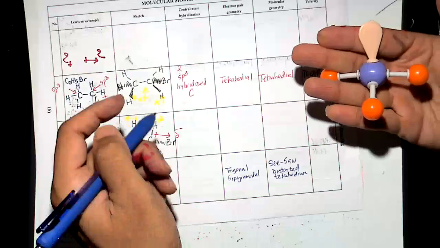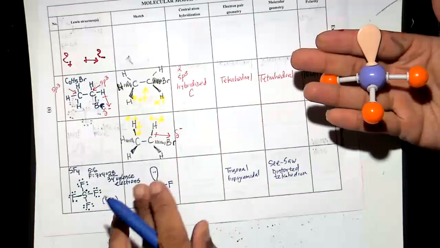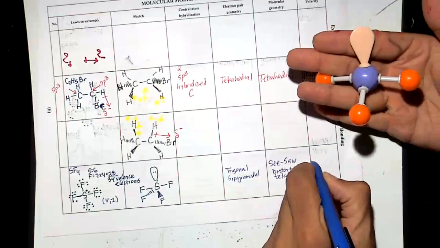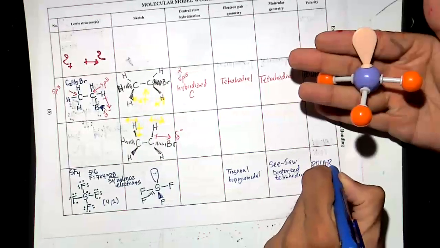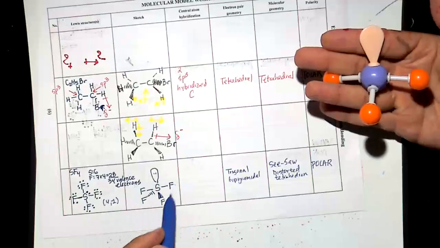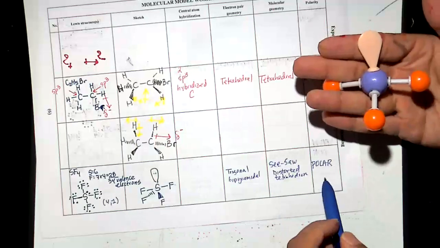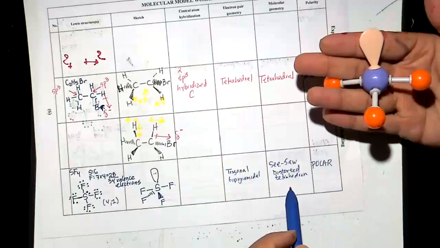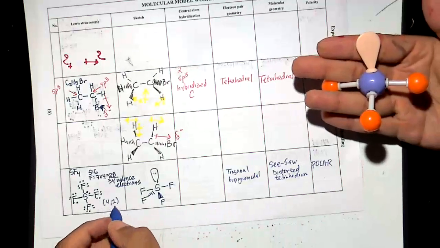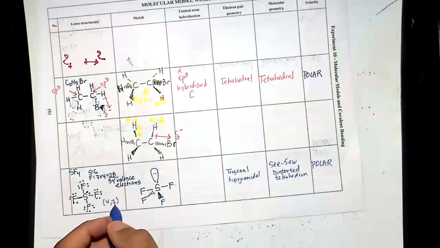It's asymmetric. The lone pair pulls indiscriminately relative to the fluorines. This would be polar. Okay, everyone see? This is not symmetric. It's asymmetric. The lone pair messes up the symmetry of the molecule. So it's polar.